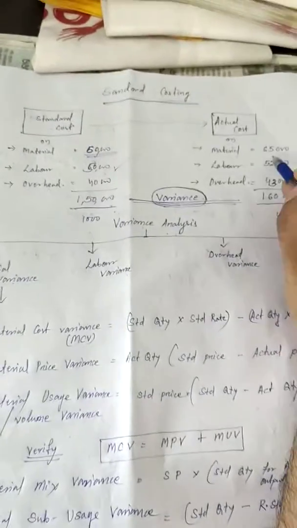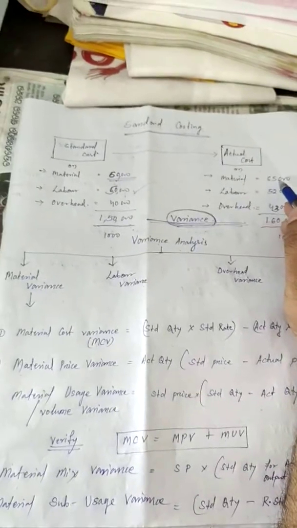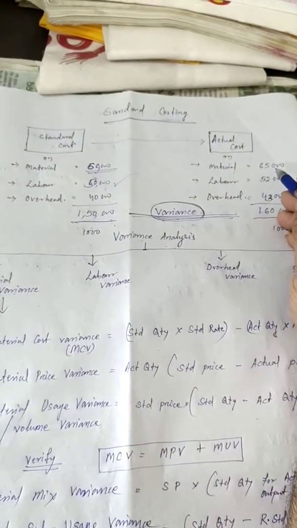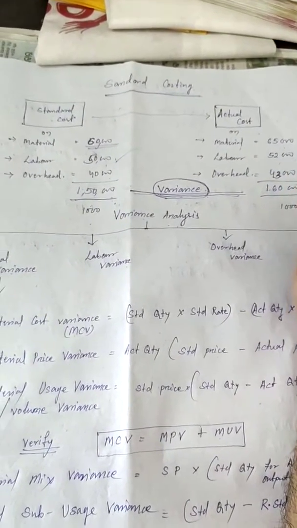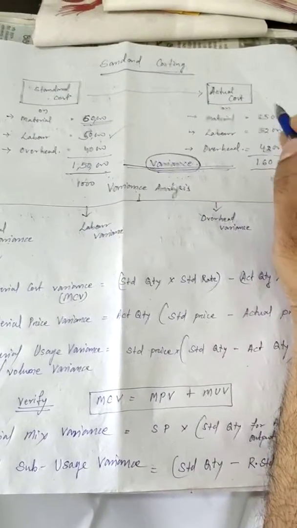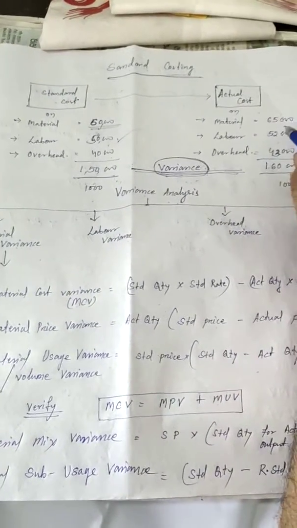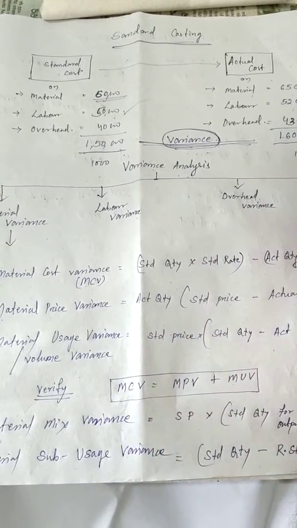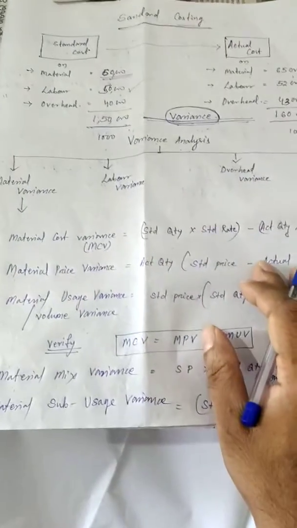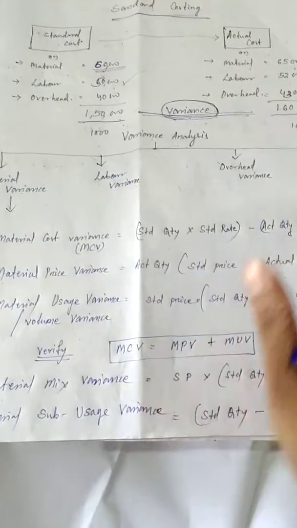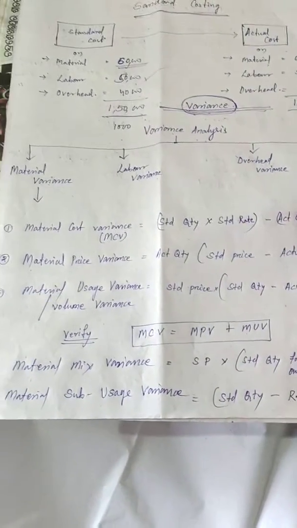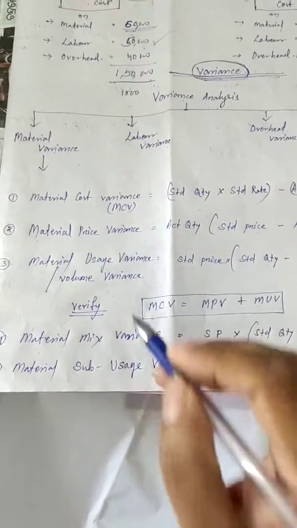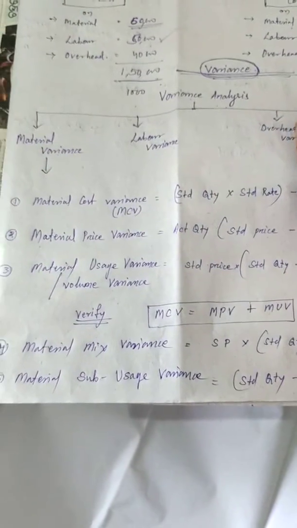So why was this 5,000 spent by the organization, in which circumstances, and whether that is justified or not? If more is spent, what will happen to the financial condition of the organization? We can verify or analyze that by applying different formulas of material variance.